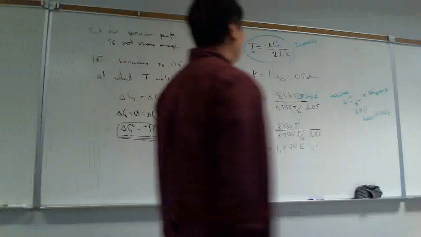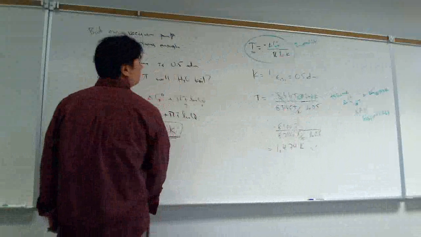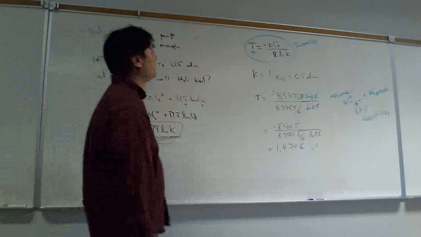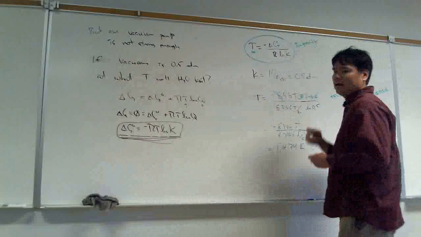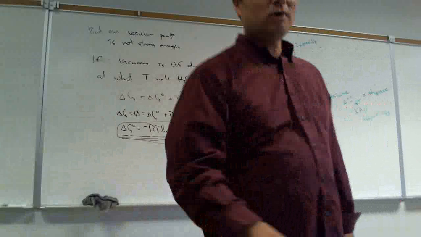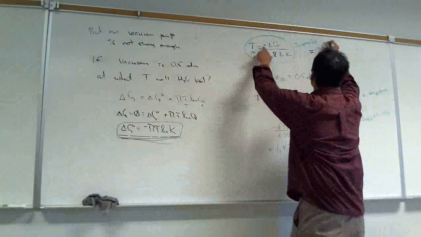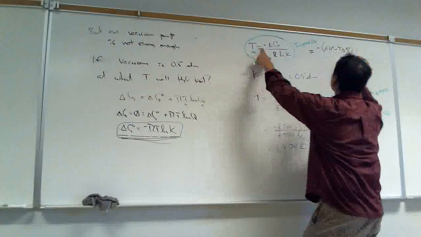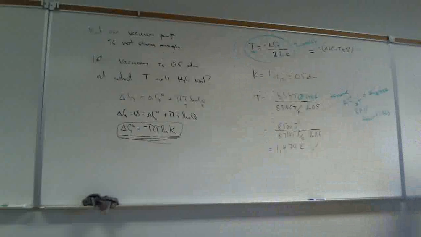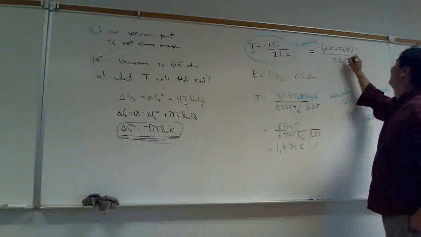And the alternate route to what we're after is, actually, what if we do that? Rather than doing that, we say, okay, we set this equal to minus delta H naught minus T delta S naught over R ln of K. Does that work?